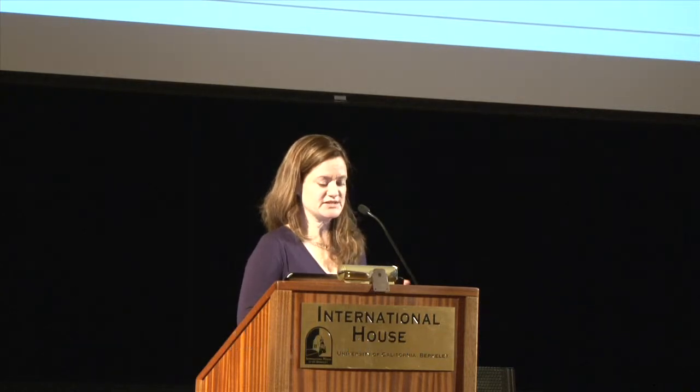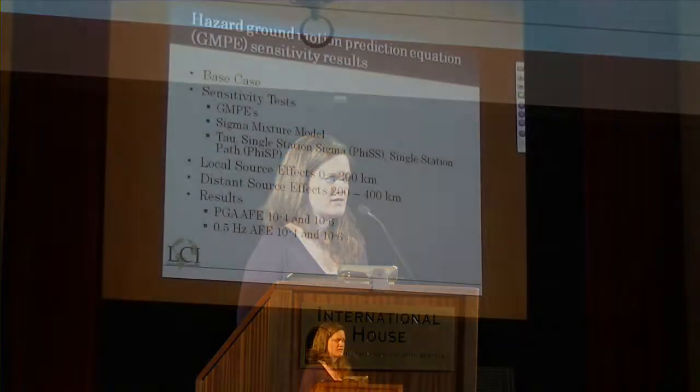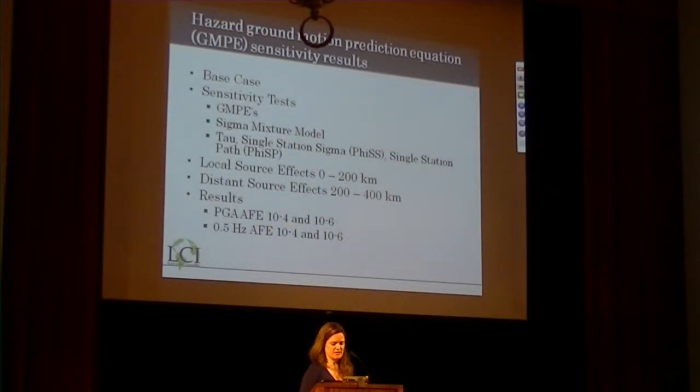And then I'll be going into the 3 main sensitivity tests that were performed in this evaluation, which is a sensitivity to the GMPEs, to the sigma mixture model, and then to the tau single station sigma and single station path. And Linda will actually be talking about exactly what the tau single station sigma and single station path model is after lunch.